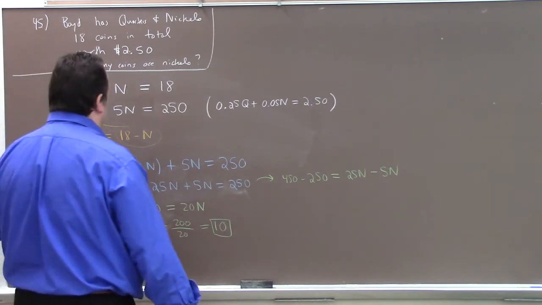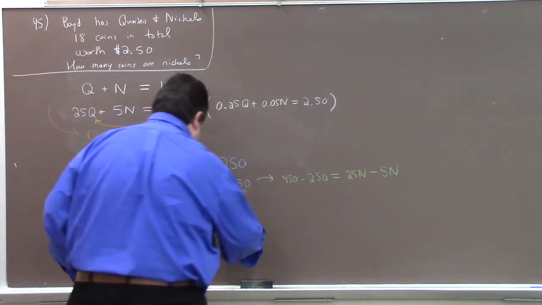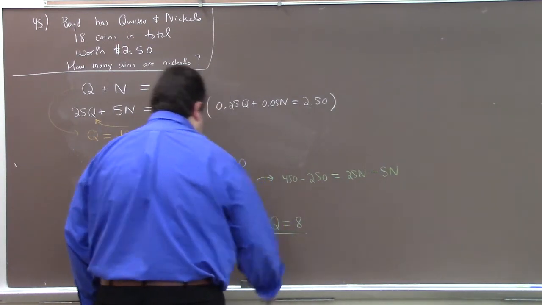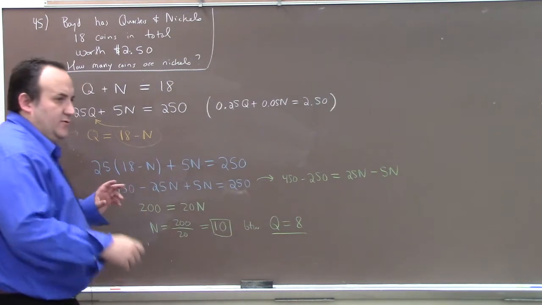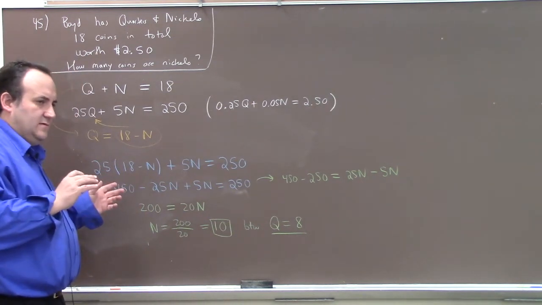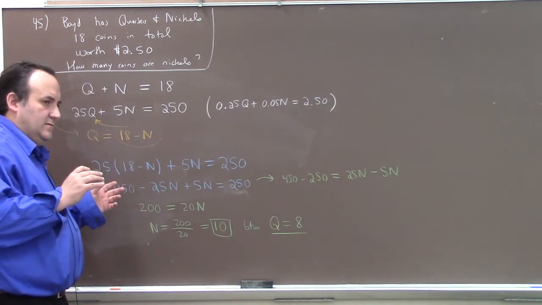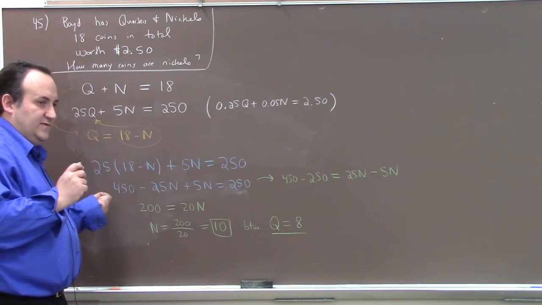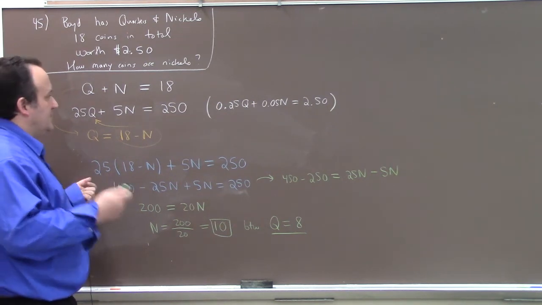So how many quarters did we have? 8. So, by the way, Q equals 8. And then check your answer, right? So 8 quarters gives me how much? $2. 10 nickels, 50 cents. $2 plus 50 cents, $2.50.